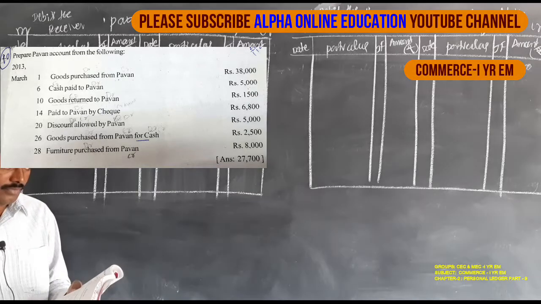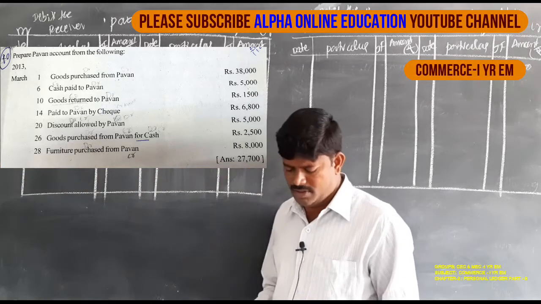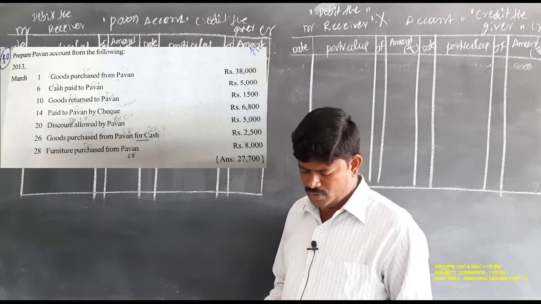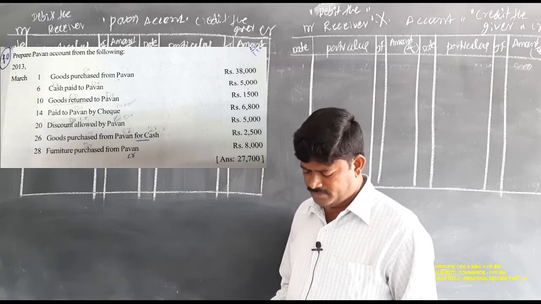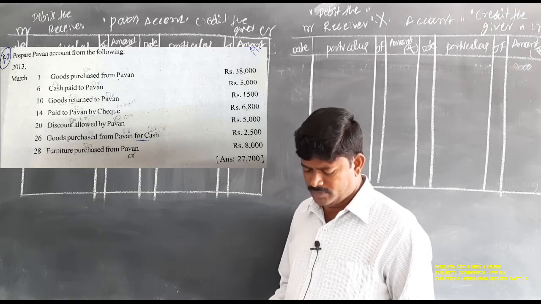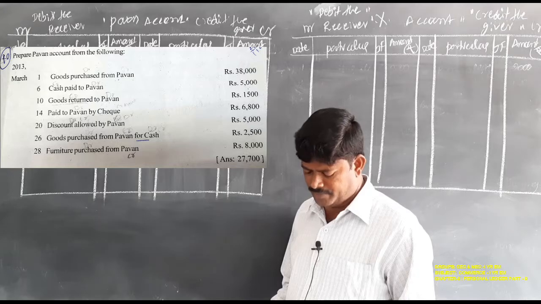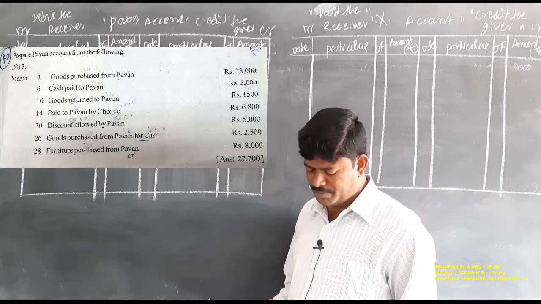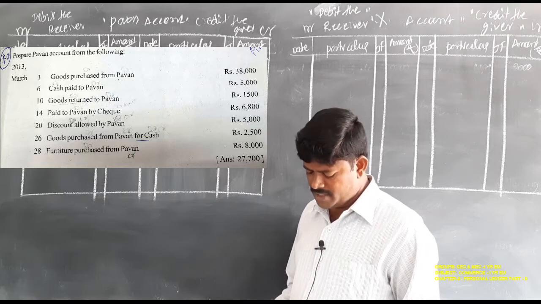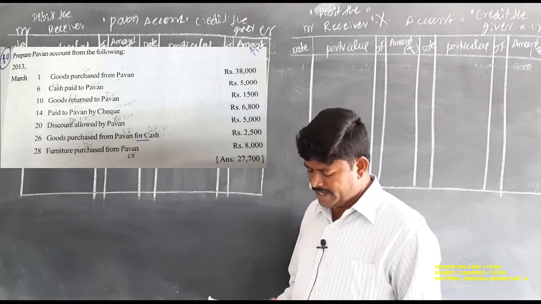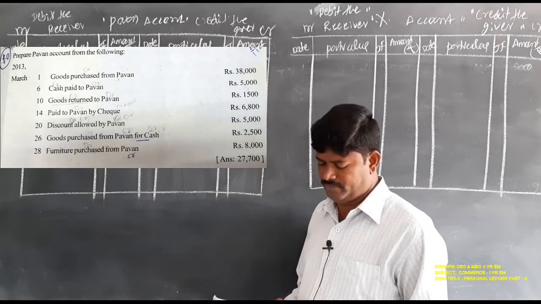Here, purchase goods from Pavan 38,000 rupees, cash paid to Pavan 5,000 rupees, goods returned to Pavan 1,500, paid to Pavan by check 6,800, discount allowed by Pavan 5,000 rupees, goods purchased from Pavan per cash 2,500 rupees, furniture purchased from Pavan 8,000 rupees. This is the problem.